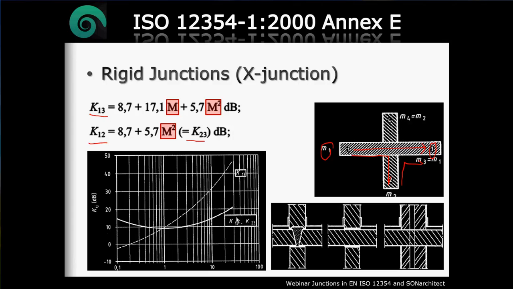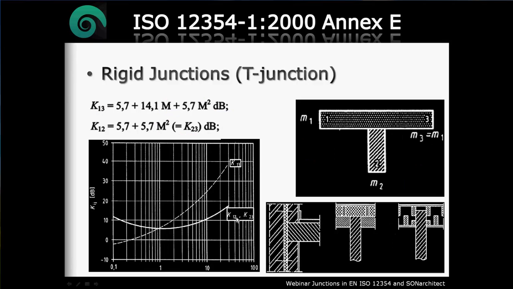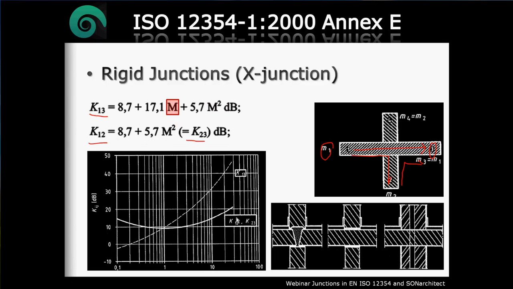The situation is very similar for the T-junctions. In this case, the formula also depends linearly on the M and on the squared value of M. However, the coefficients are somewhat different. Before we had 17 and 8.7, and here we changed to 5.7 and 14.